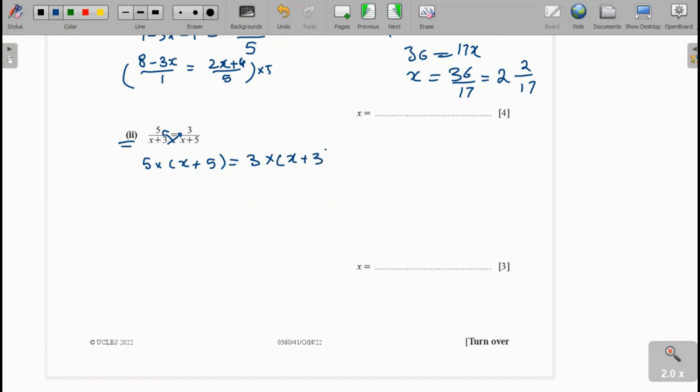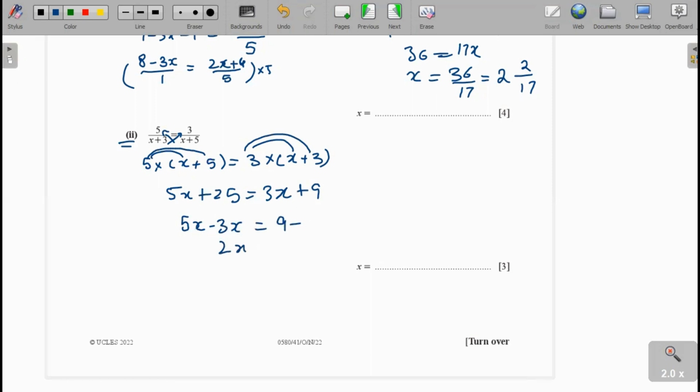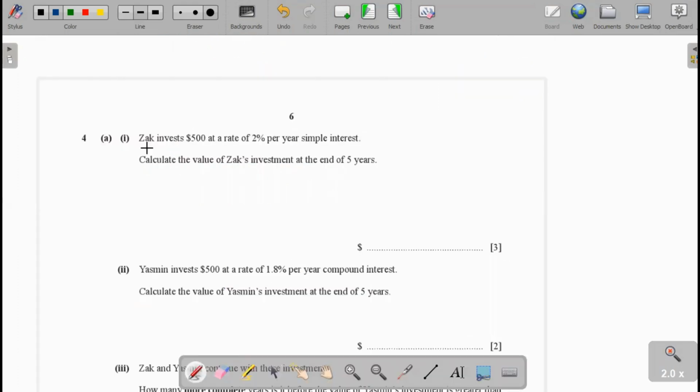Now we expand this expression. 5 times x is 5x plus 5 times 5 is 25, and the same here: 3 times x is 3x and 3 times 3 is 9. That value becomes 5x minus 3x, which is 2x, and 9 minus 25 equals minus 16, so x equals minus 8 is the answer.